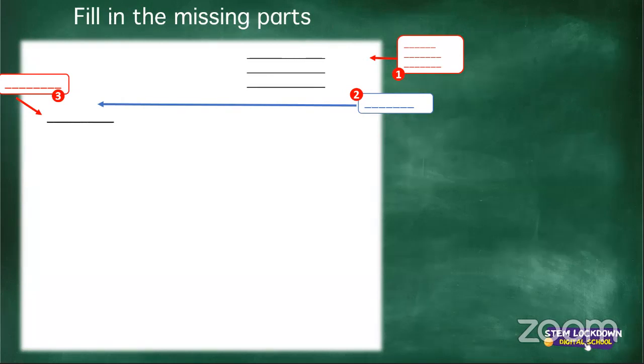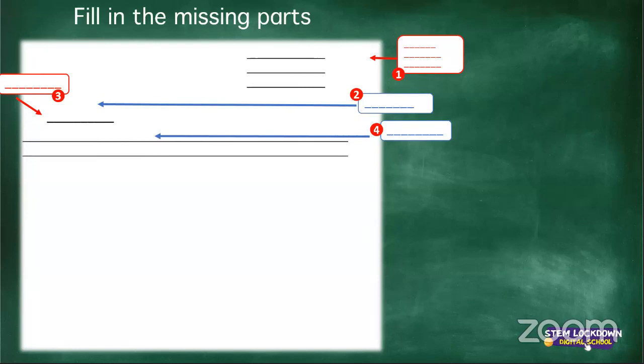Starts with an S. Right, you got that. Then we go to our next blue line. What does that stand for? These blue lines mean? Right, you've got your blue line. Do you know what that means?